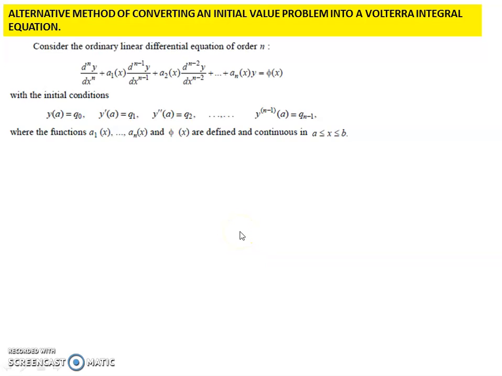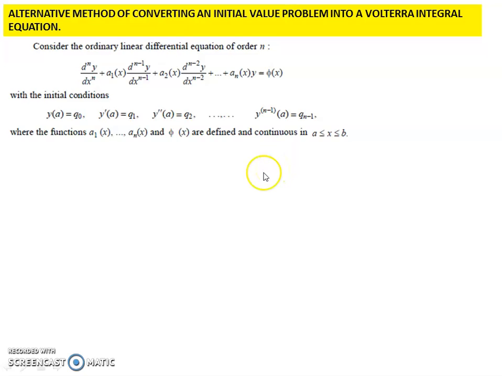So consider the ordinary linear differential equation of order n: d^n y over dx^n plus a1(x) d^(n-1) y over dx^(n-1) plus a2(x) d^(n-2) y over dx^(n-2) and so on, plus an(x) y is equal to phi(x).